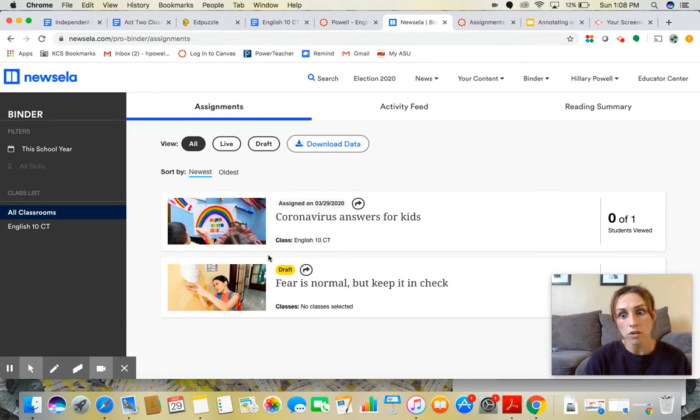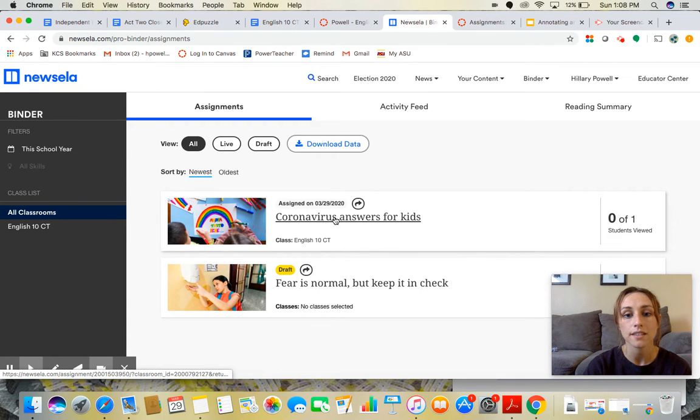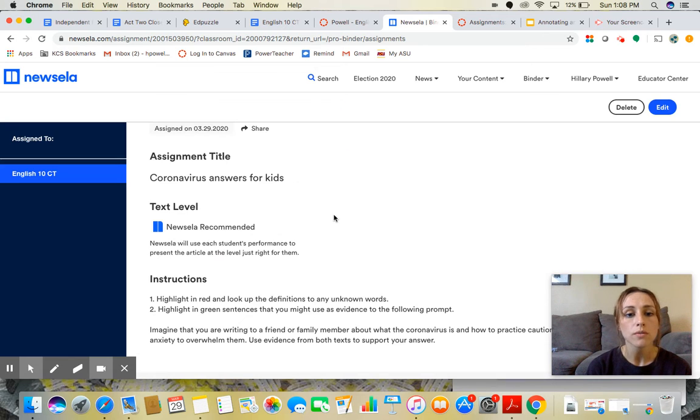You're going to be reading about the coronavirus and how to balance between practicing caution, but also not letting fear overwhelm us and not letting it control our lives. That's essentially what both of these texts deal with. The first one goes over what the coronavirus is in general and what precautions we can take.